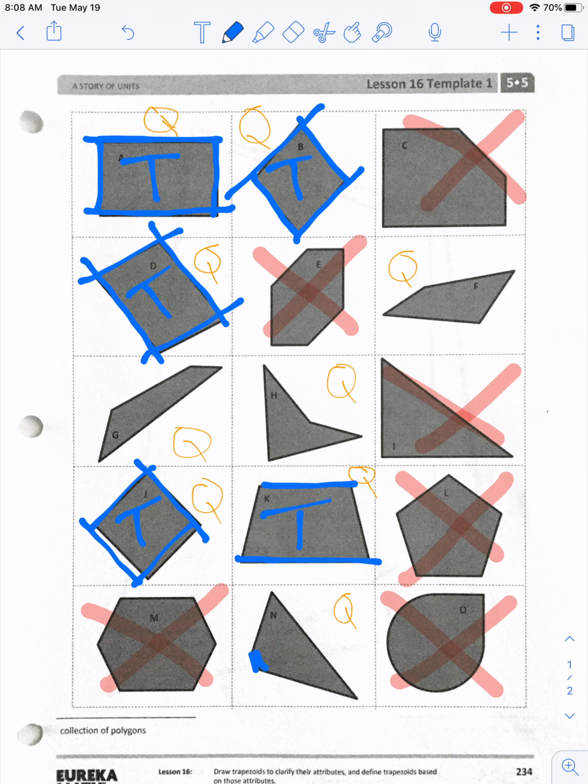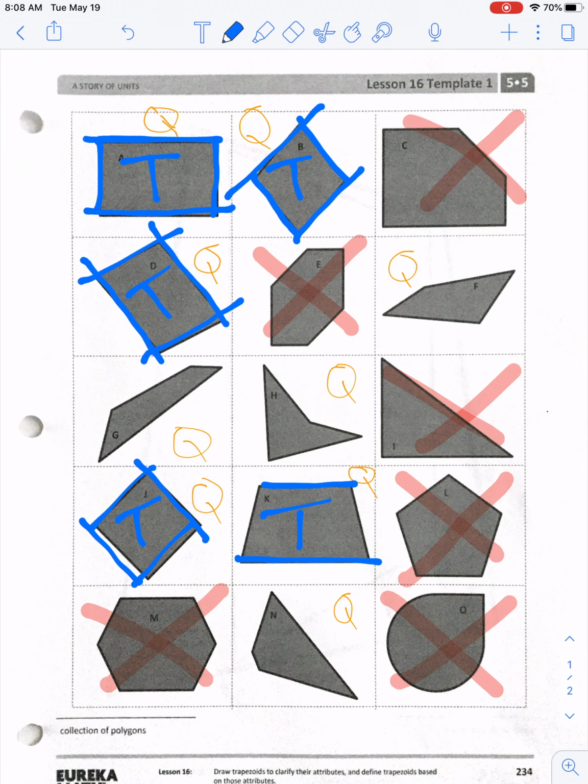This line, if you measure the angle in this line, would eventually run into one another. So N is not. So the only trapezoids we have out of these are A, B, D, J, and K.